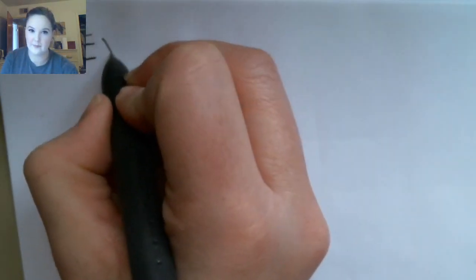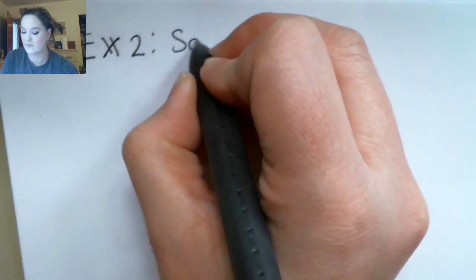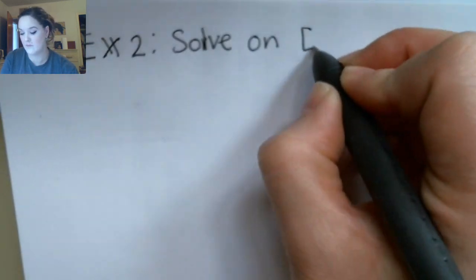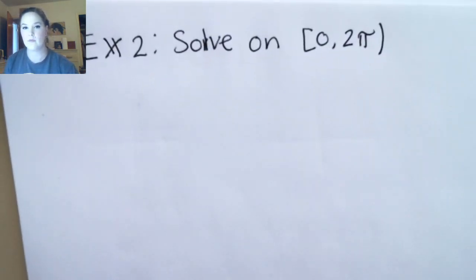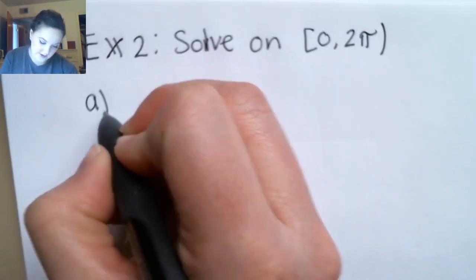Let's look at a slightly more complicated example where we actually have to do some steps before we're looking for the correct angle, okay? So let's look at this example.